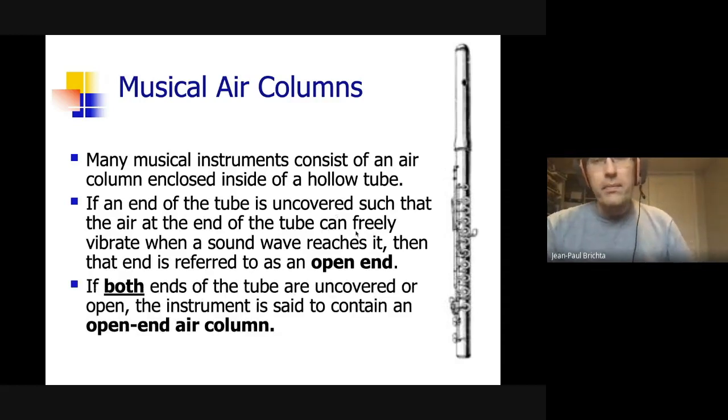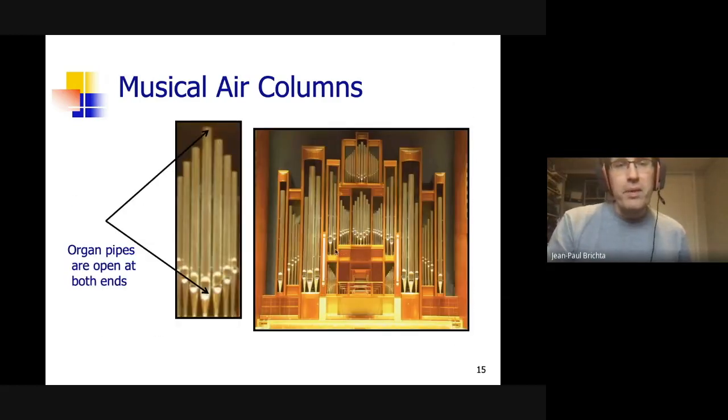There are certainly ones that correspond to open air columns and ones that correspond to columns closed at one end. So for example, here's an organ pipe. If you were to go into a church, for example, you might see an organ pipe kind of like this one, where all the pipes are different lengths. So the different lengths correspond to the different notes that it can produce. And an organ pipe actually has 2 open ends, right? There's the open end here, and there's the open end here. So this is basically the length of the tube between those 2 open ends.